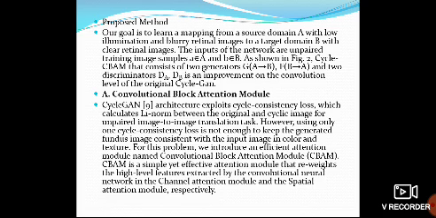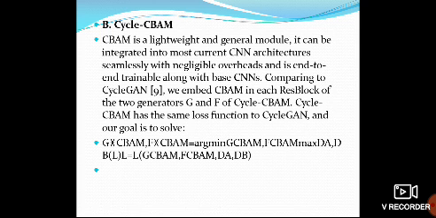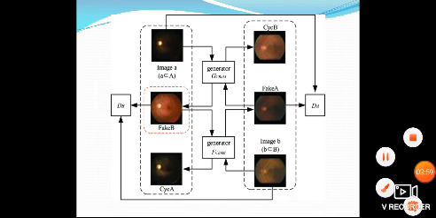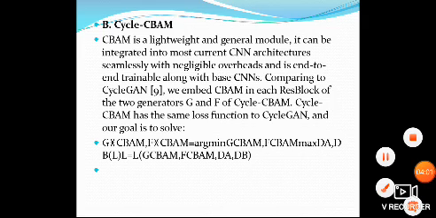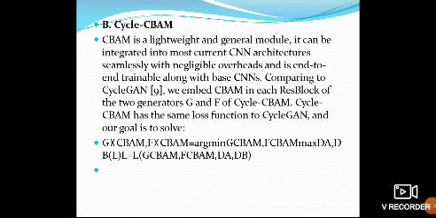Convolutional block attention module, CBAM, in Cycle-CBAM. CBAM is a lightweight and general module. It can be integrated into most CNN architectures seamlessly with negligible overheads and is end-to-end trainable along with the base CNN.